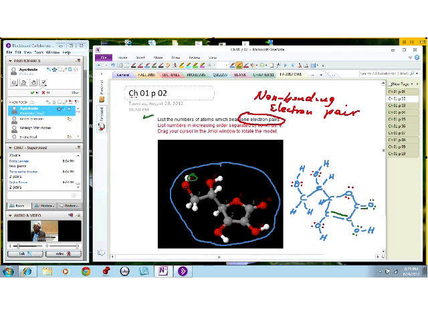If you are doing this in R, you will write number 10, then number 8, which is this oxygen here, and then number 5, which is this oxygen here, and then number 16, which is this oxygen here, and then number 14, which is this oxygen here, and then number 12, which is this oxygen here, and I believe those are all of the atoms that need non-bonding pairs of electrons.